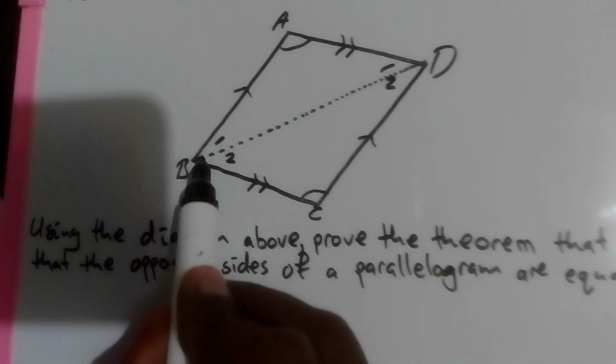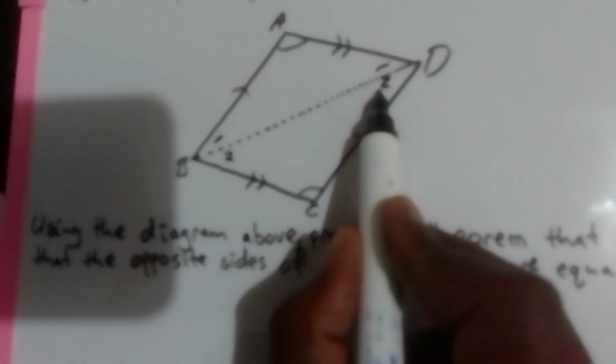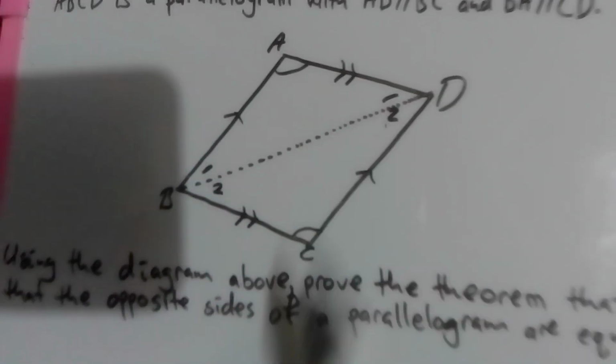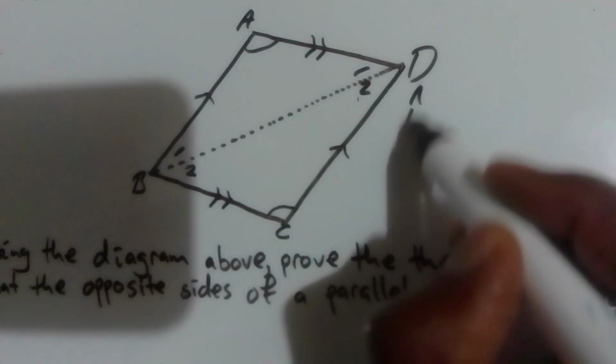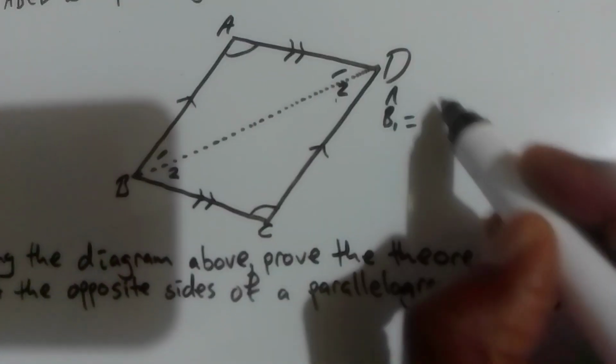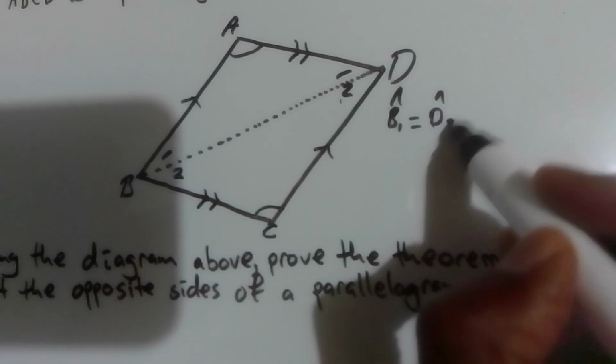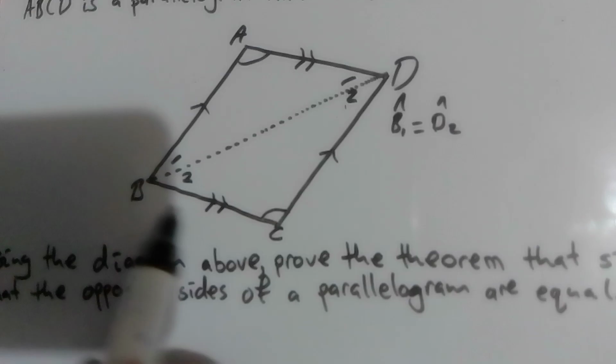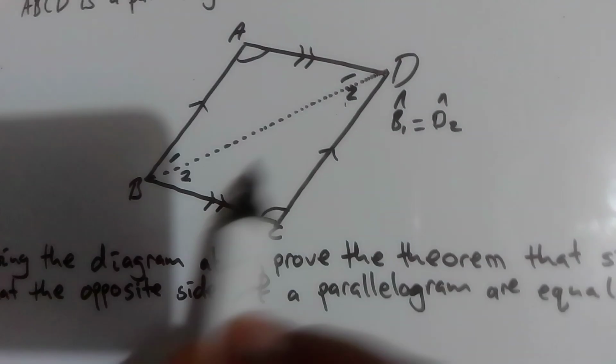So I'm going to start here. Angle B1 is equal to angle D2. So I write angle B1 is equal to angle D2. And my reason, I would say what? I've got line AD which is parallel to BC, but it's given.